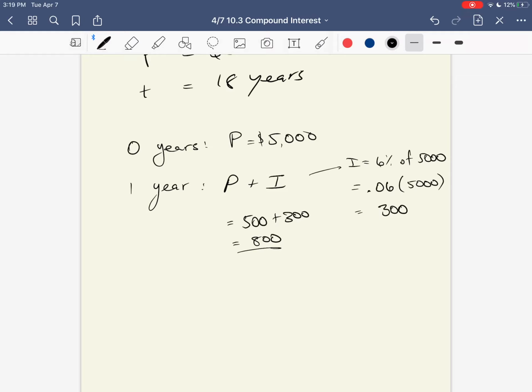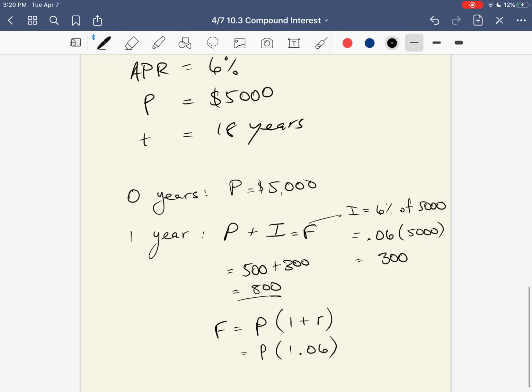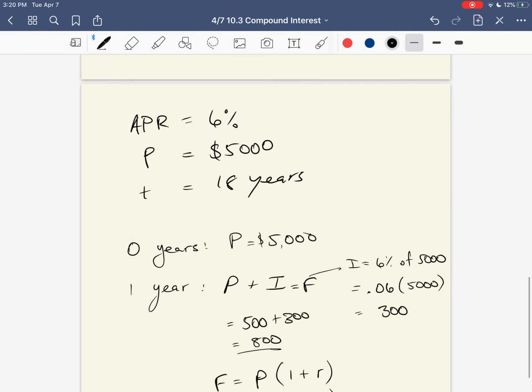So the second year, you're going to add interest based on this 800, but why don't we write it in a different form? Remember that after 1 year, we have final amount F, which is P times 1 plus R. So this is going to be P times 1.06, right? Because here R is our APR expressed as a decimal.